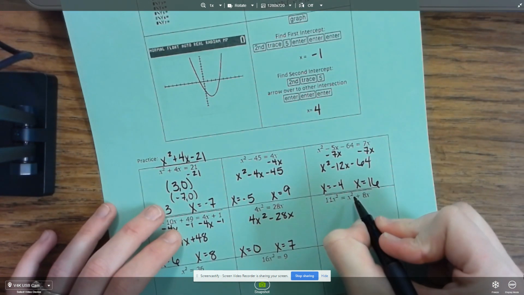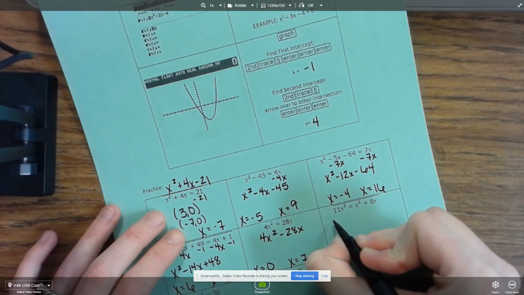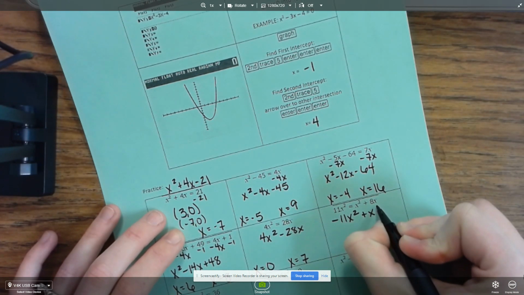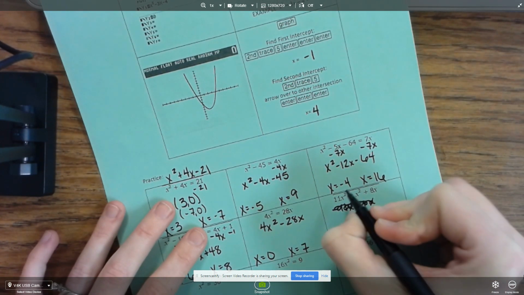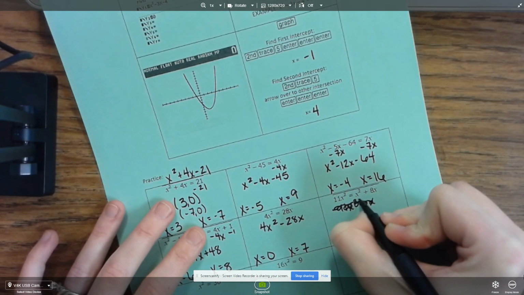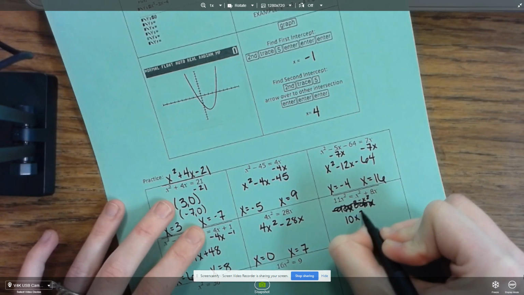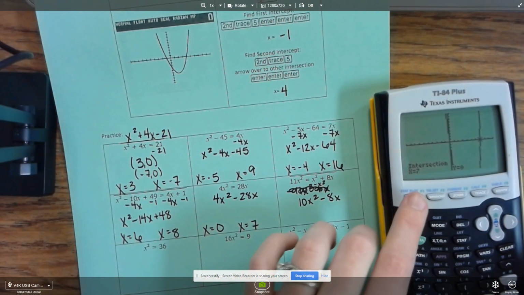All right, on this one, you can move either way that you want. I'm going to move the 11x, so I'd have negative 11x squared. Let me fix this. Actually, let's go the other way. So if I subtract x squared from both sides, I'm going to get 10x squared, and then negative 8x, because I would have to move the 8x over.